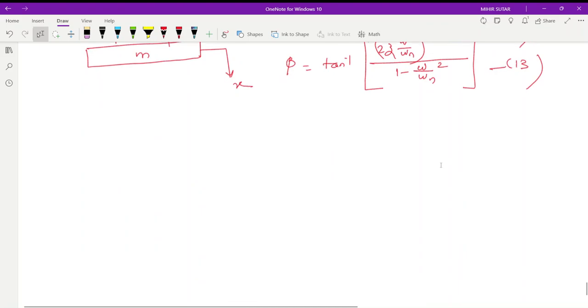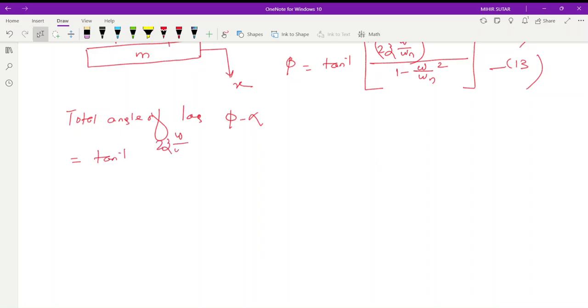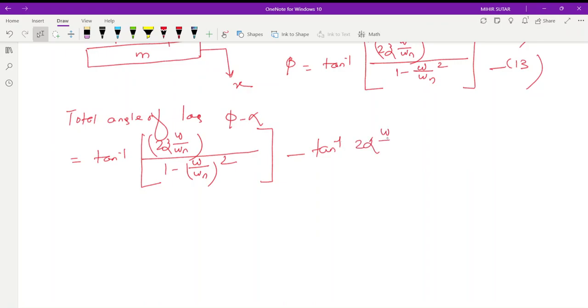So the total angle of lag phi minus alpha will be equal to tan inverse of 2 zeta omega by omega n divided by 1 minus omega by omega n square, minus tan inverse of 2 zeta omega by omega n, sorry, omega by omega n. Okay, this is equation 14.